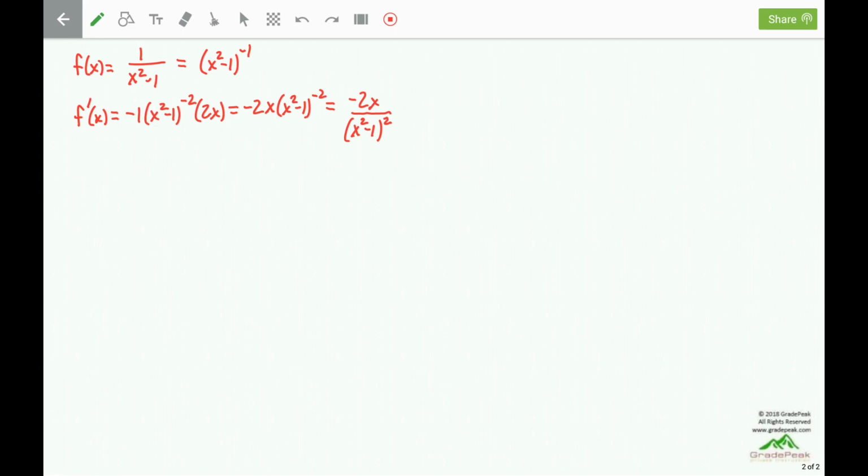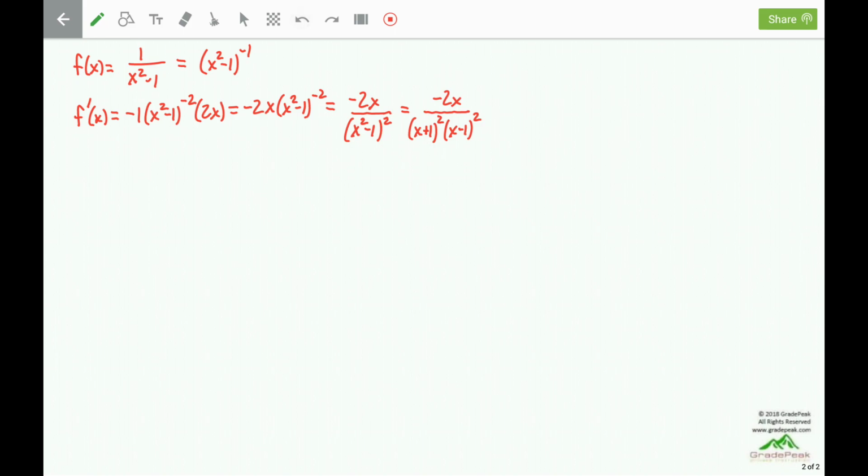We want to fully factor the first derivative. The numerator does not factor since it's a single term, so we will leave it as minus 2x. But the denominator, being that it's a difference of squares, can factor. And since the quantity is squared, when we factor into an x plus 1 and an x minus 1 for the difference of squares, each of them has that matching power of squared coming from right here.